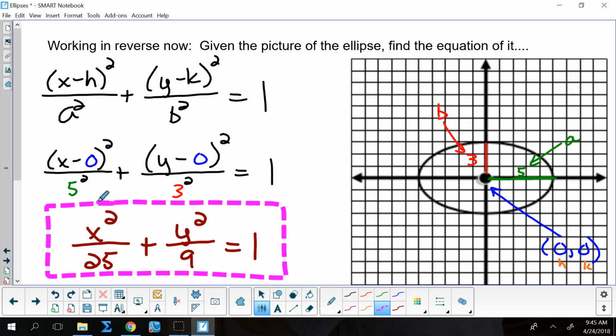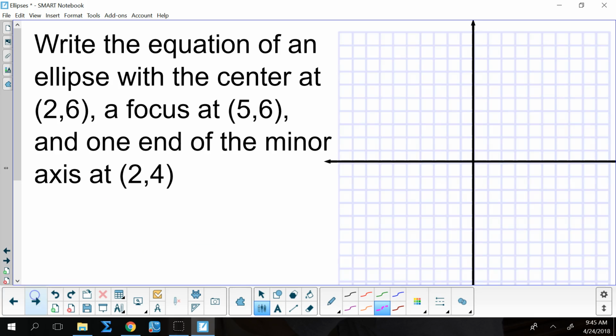Okay? Now, when you're given one like this, you might have to plot some points and figure out some cool stuff about it. So this tells me that I have a center at (2, 6). So my center would be there.